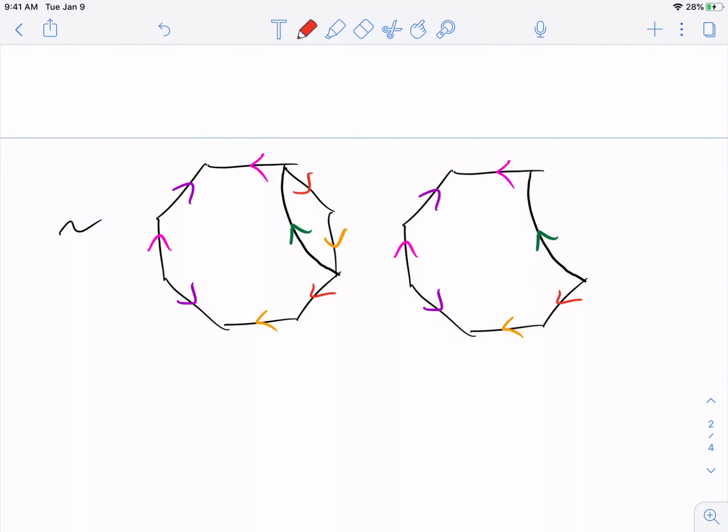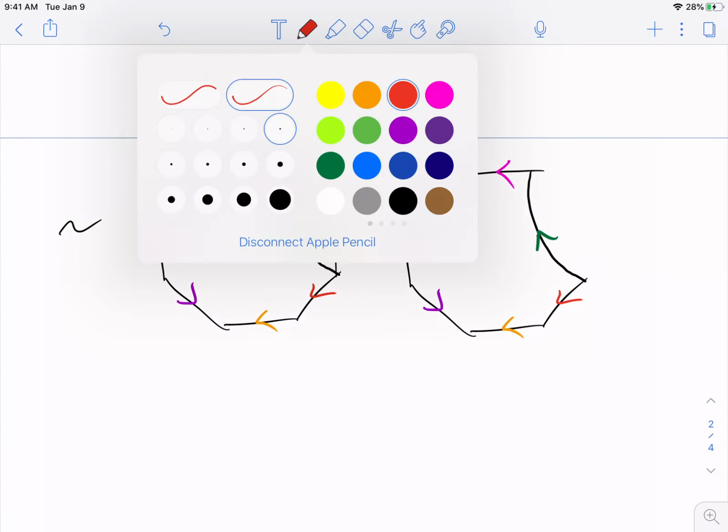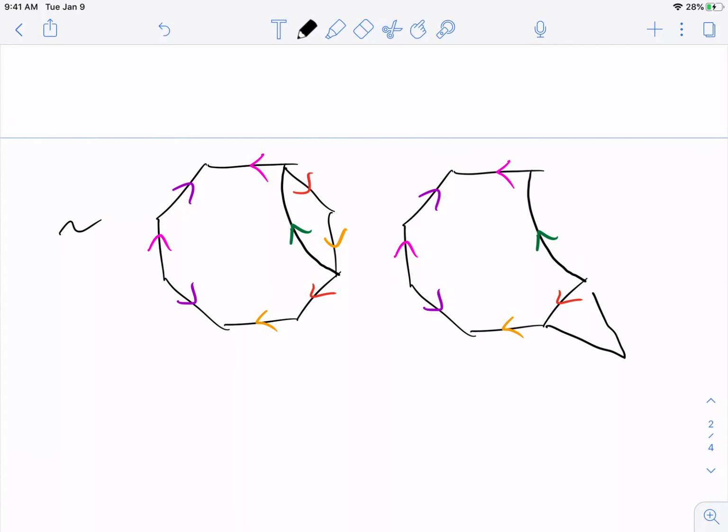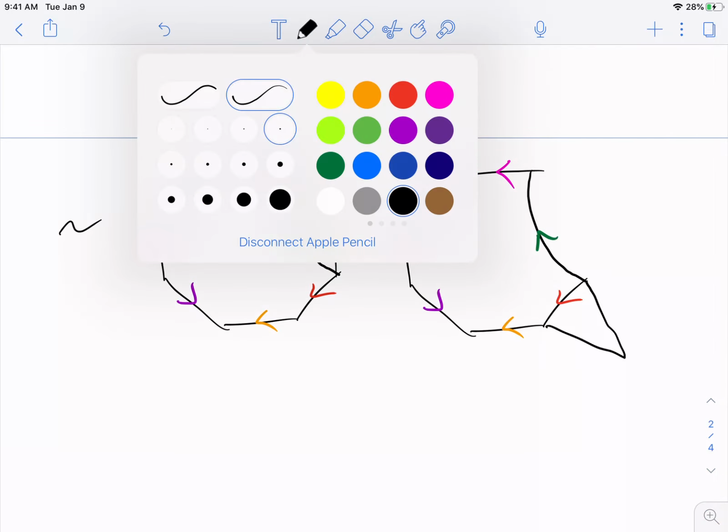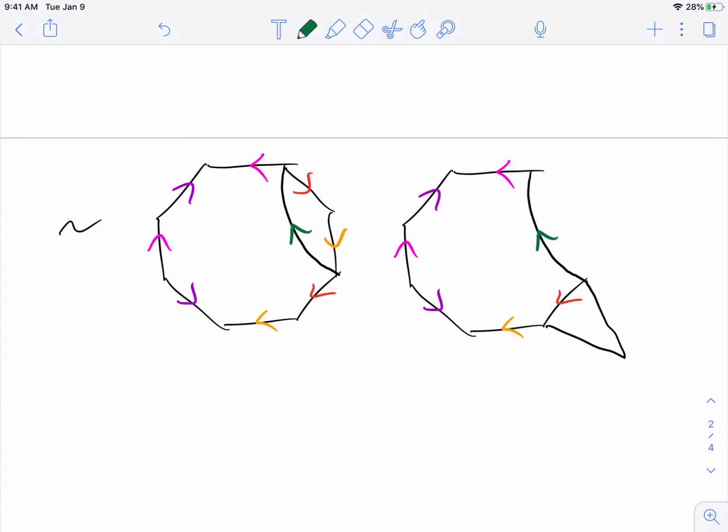And there's a twist involved, so I have to be a little careful. So this green arrow is pointed towards the tail of the red. So it's right there. And the orange arrow is pointed towards the tail of the green. So it's like that.